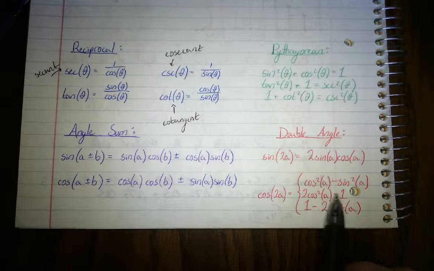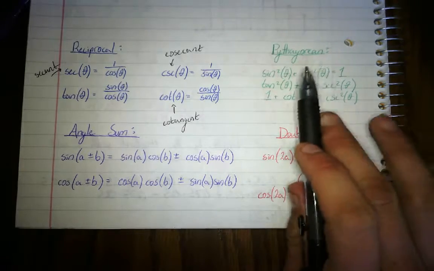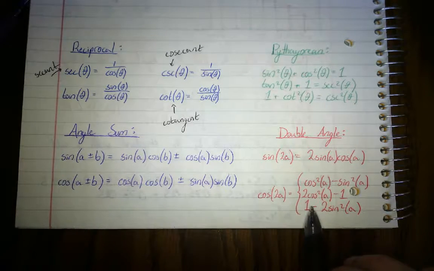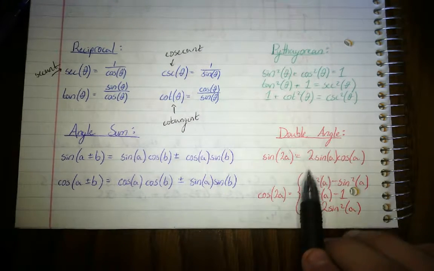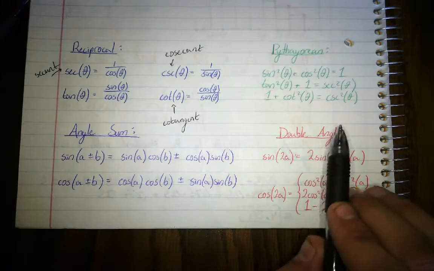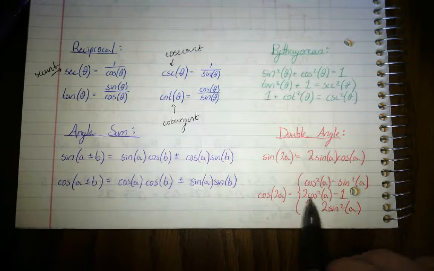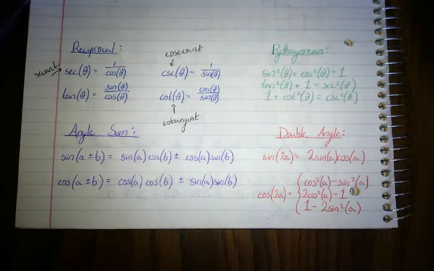This one was subbing in sine squared of a for 1 minus cosine squared of a, and this one was from substituting in the cosine squared of a with 1 minus the sine squared of a. Okay, so that's how these ones come up.